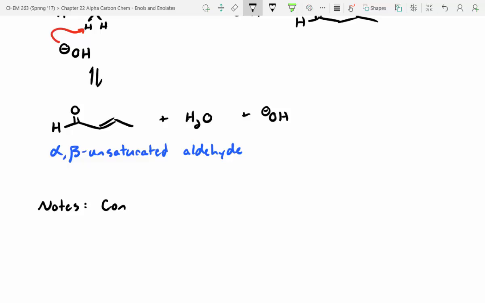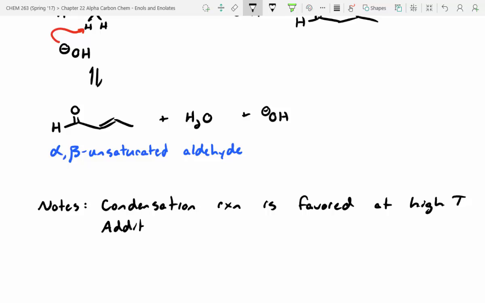The condensation reaction is favored at high temp. The addition is favored at low temp. Or I guess I should say low or moderate temps.